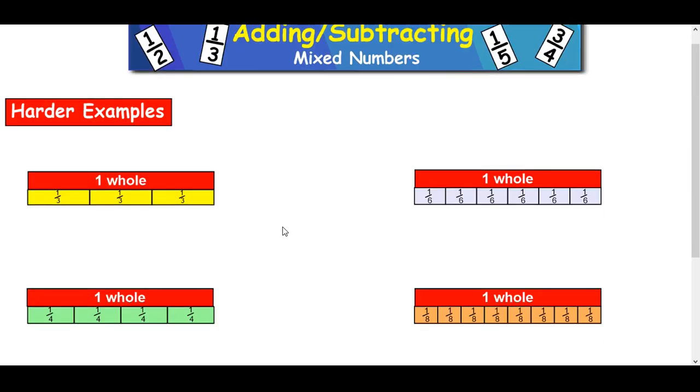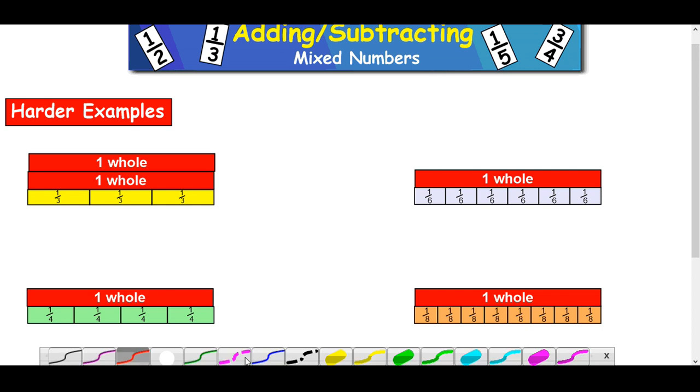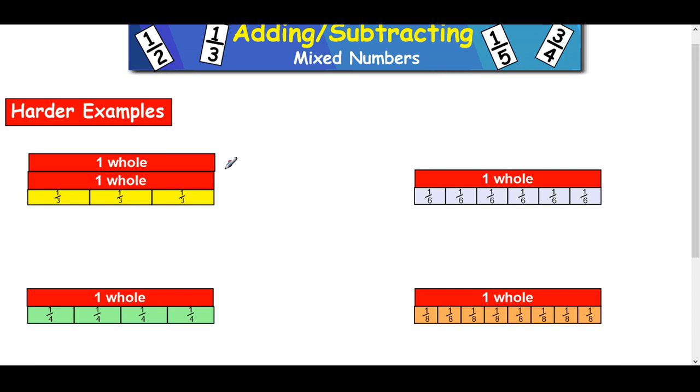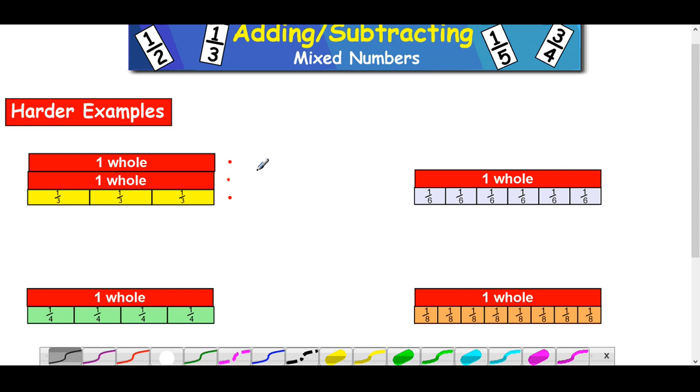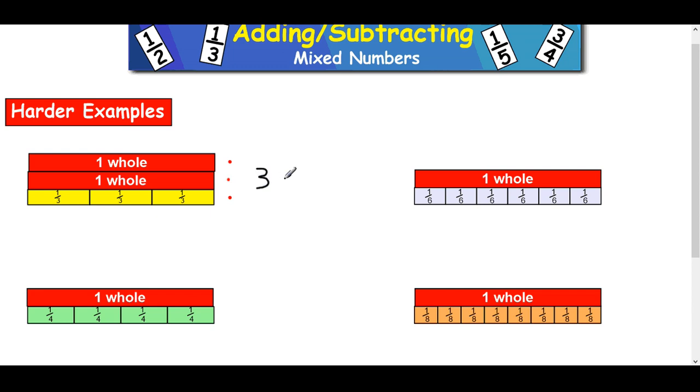Now let's look at this idea again and imagine this. Imagine we've got 3 wholes. I've got this one here, I've got this one here, and this one's made up of different things. And imagine from my 3, I wanted to take away 1 1/3. So this kind of idea here. So 3 take away 1 1/3.